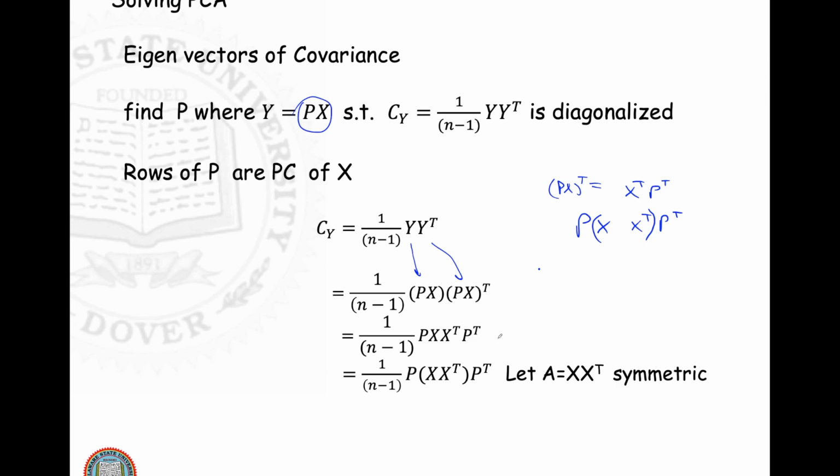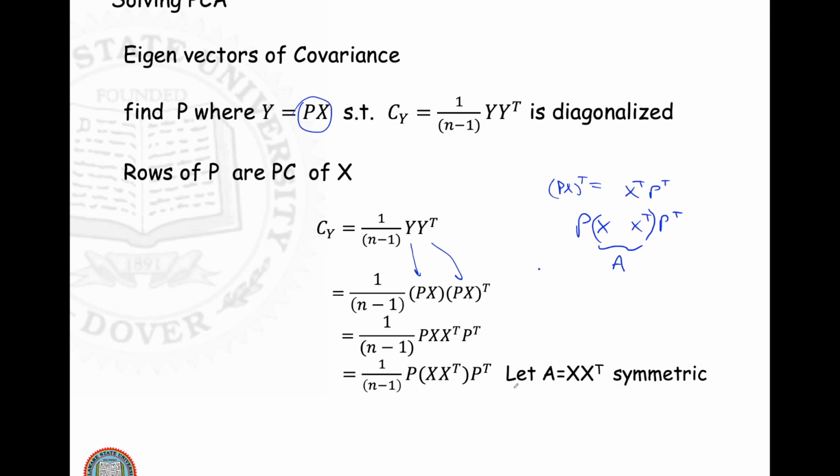Okay. So we can associate this XX transpose, and we know that's a square matrix, and a square matrix is also invertible. So let's redefine that XX transpose. Let's just give it a new name. Let's call that result A. And A is going to be symmetric, right?